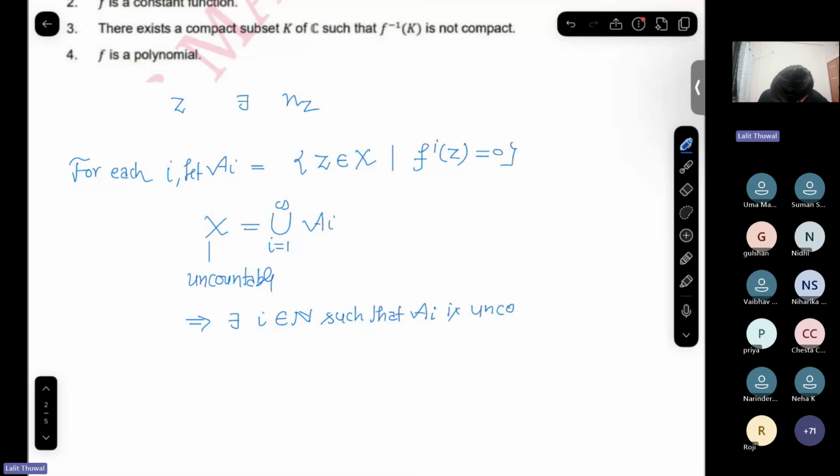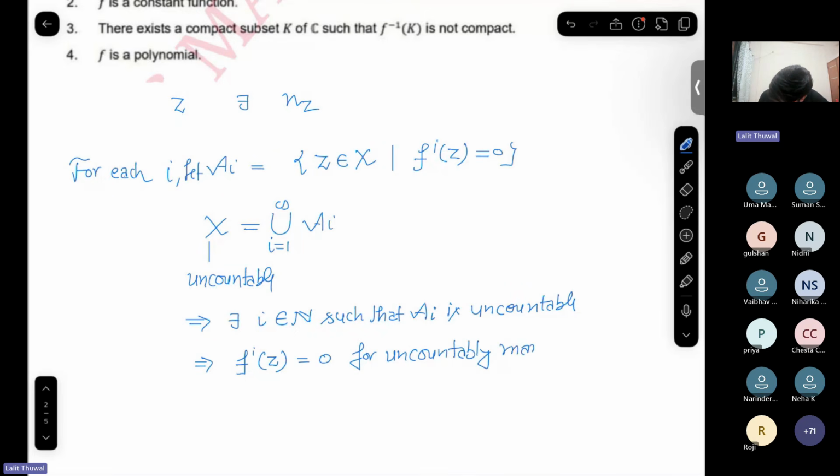This means f^(i) equals 0 for uncountably many z.